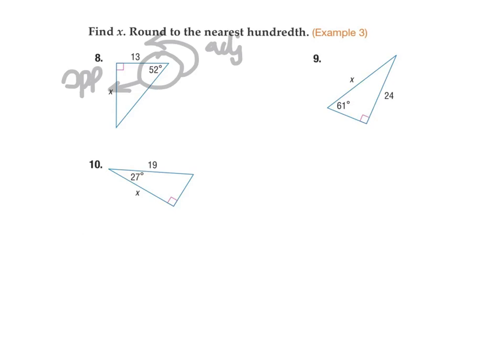Then looking at SOHCAHTOA, the only one that doesn't use the hypotenuse is tan. So it's tan equals opposite over the adjacent. Put in the information that you've got. So tan 52 is going to equal x over 13.